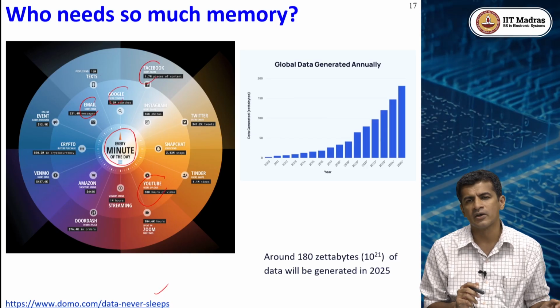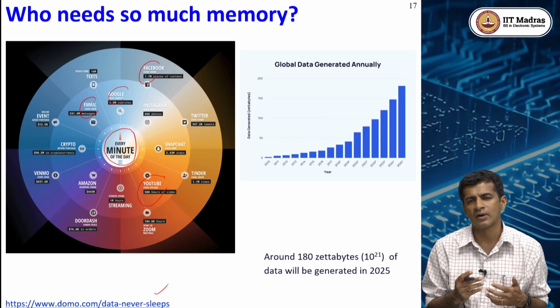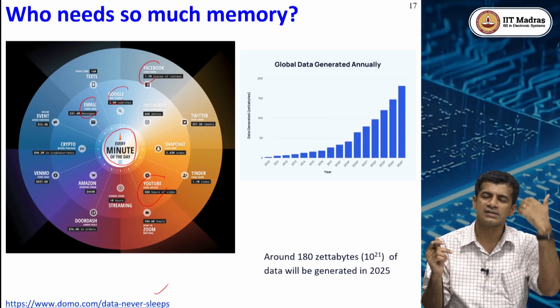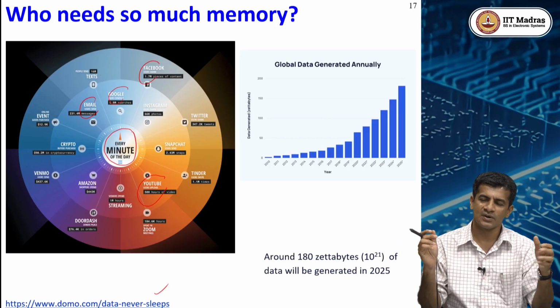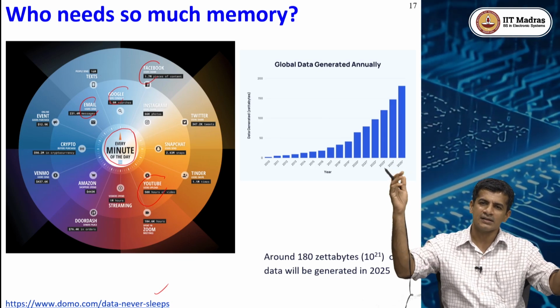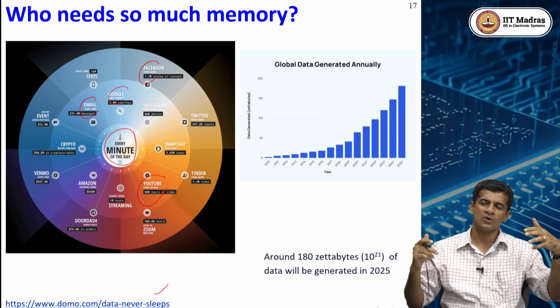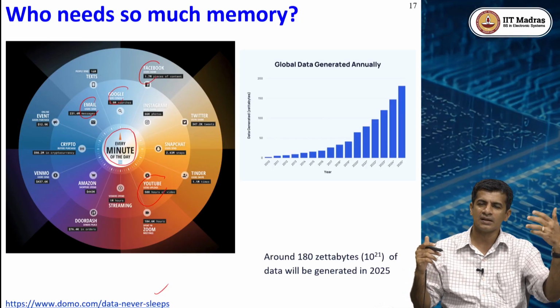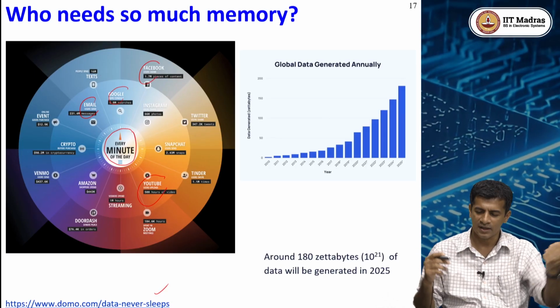As a user, you may be wondering where all this data is being stored. We say the cloud. The cloud is not some kind of vaporware. It's actually a physical product. It could be a semiconductor memory or some other disk memory, and that is where everything is stored.